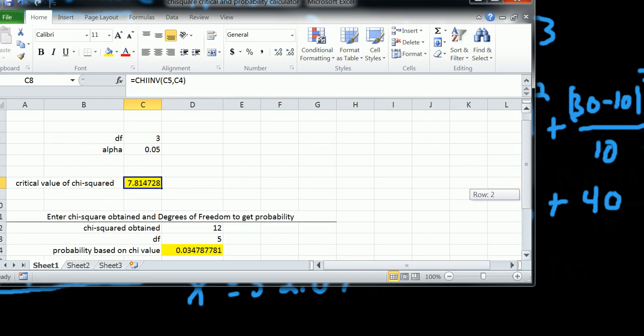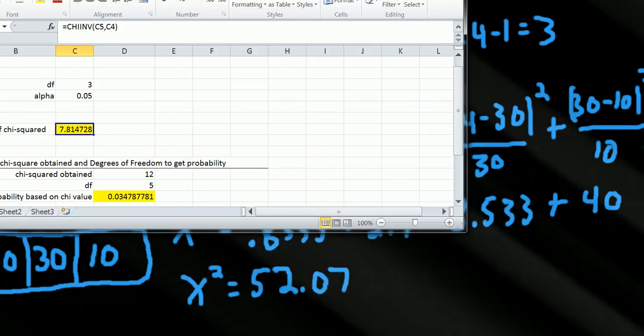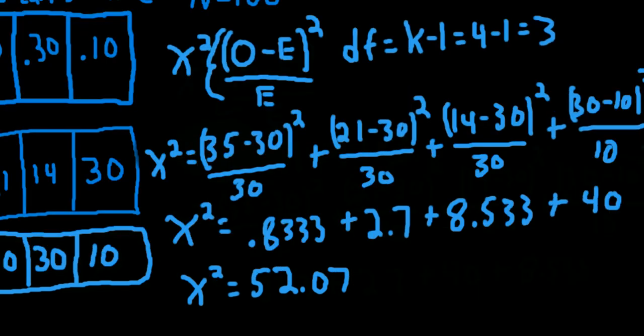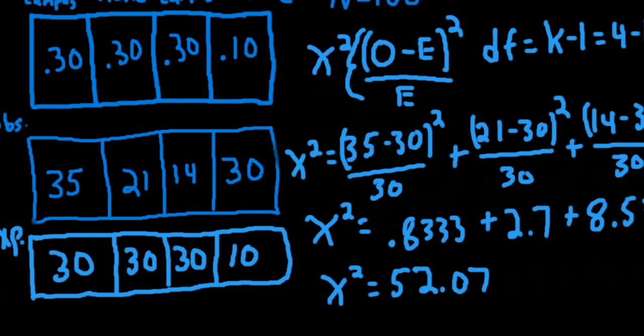We could also look up the corresponding p-value to our observed chi-square value. So 52.07 is what we got, and with 3 degrees of freedom, we have 0.0000000002, which is an incredibly small probability of finding these results if the null hypothesis is true.